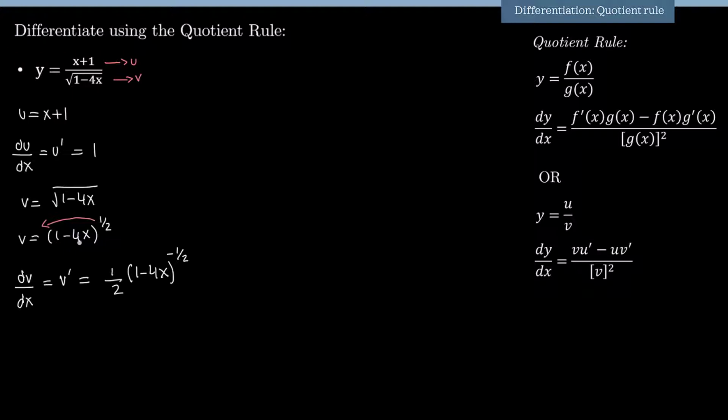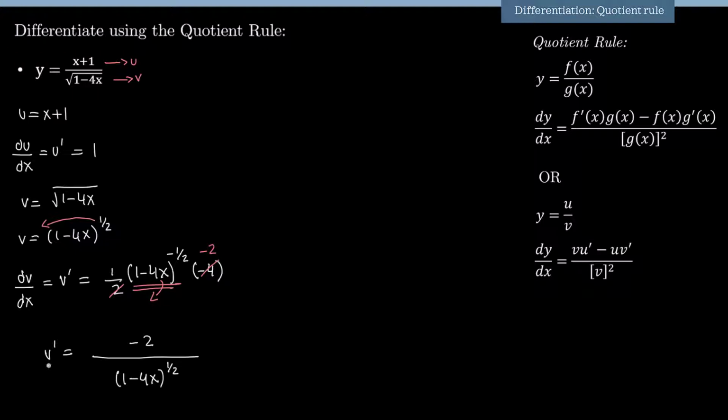The inside function is 1 minus 4x, so its derivative is going to be minus 4. Now minus 4 divided by 2 is minus 2, and this power is negative. To convert this power into positive, I'll shift this term to the denominator. So v dash would become minus 2 divided by 1 minus 4x whole power positive 1 upon 2.